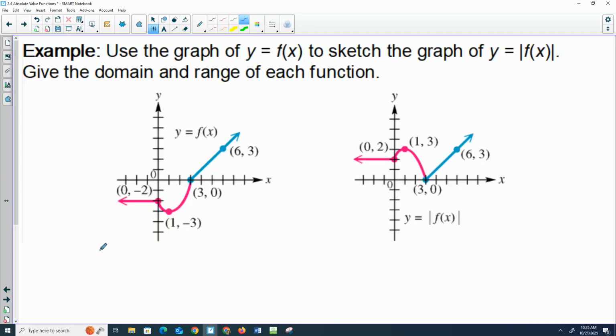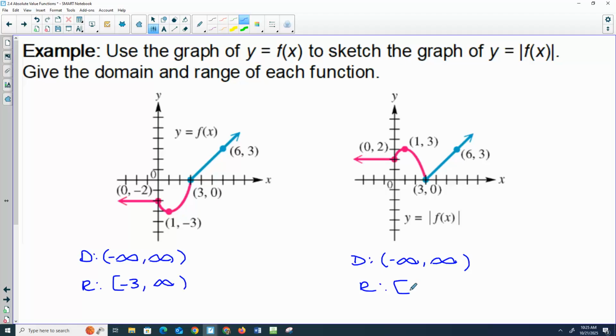So what's the original domain? What's my original range? -3 to. Once I do the absolute value, the only thing that happened is this negative part got flipped up, it got reflected over the axis. So that never changes the domain, but what's my range now? All right. So do you understand in terms of a graph what absolute value is doing? Okay.